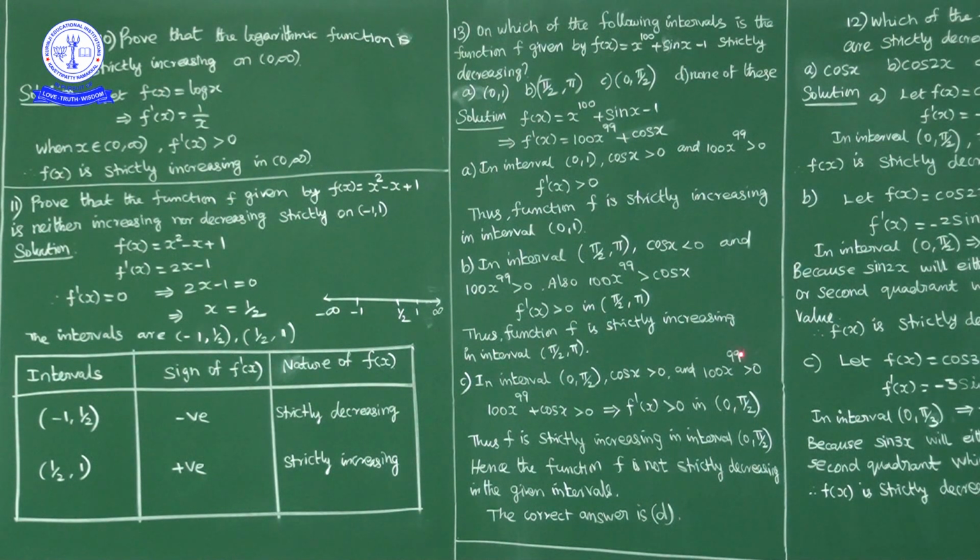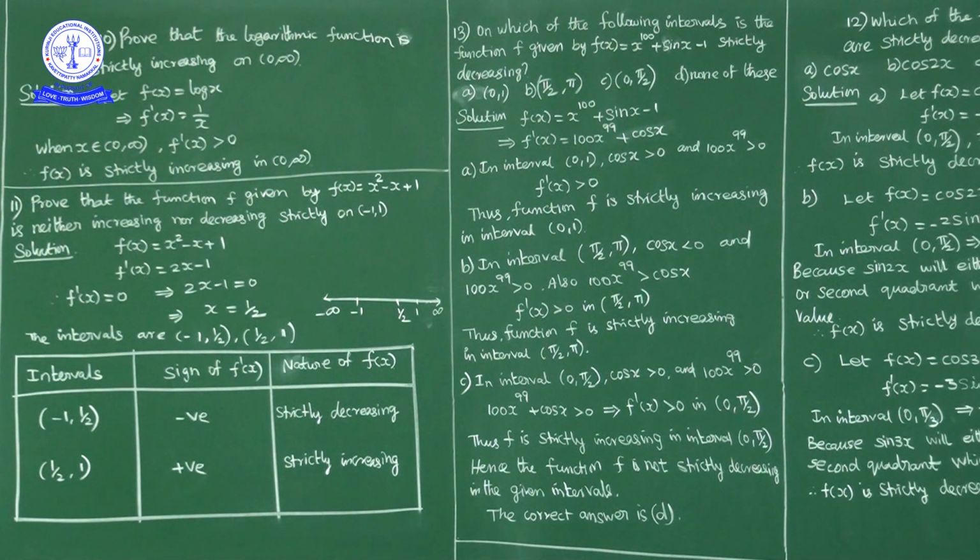So x power 99 is positive, and 100 into x power 99 is also positive, okay. So 100 into x power 99 is positive, cos x is positive, their sum is also positive. So f dash of x is positive in the interval 0 to pi by 2, okay.